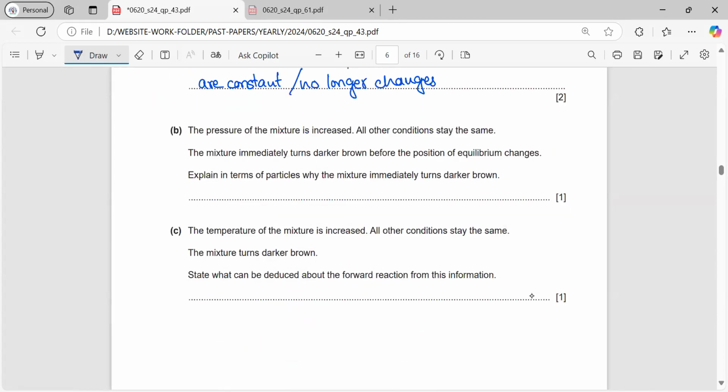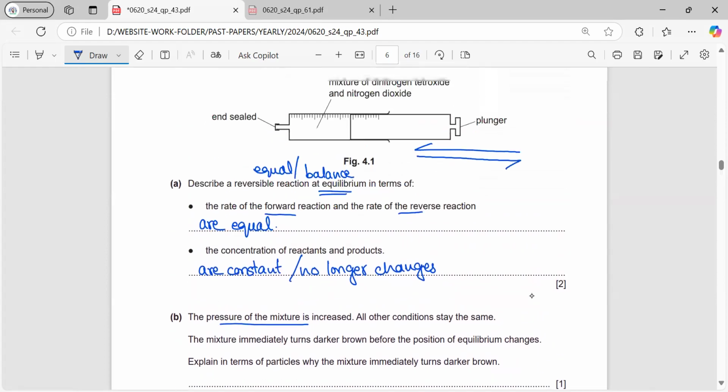The pressure of the mixture is increased. We are pressing this plunger and the pressure on the gases is increased. If the pressure is increased, the gases turn dark brown.